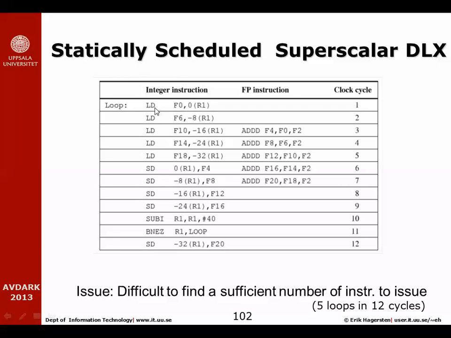So first cycle we can start a load, which goes in the integer pipeline. Second cycle we can start a load. And in the third cycle we can start to use the floating point pipeline, because that's the first point in time, due to data dependencies, when we can launch that floating point instruction. And then we can launch floating point instructions the following 5 cycles.